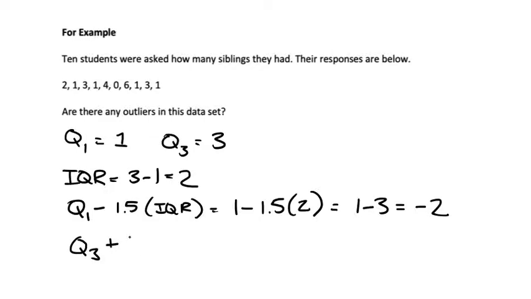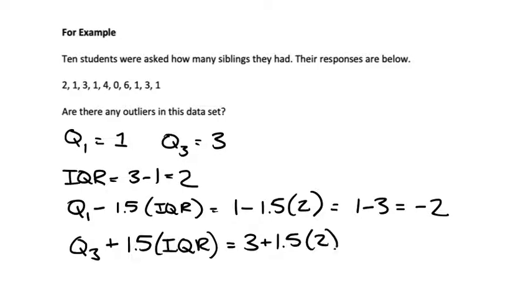So Q3 plus 1.5 times IQR. Notice the difference in the signs. Q3 is 3 plus 1.5 times 2. 1.5 times 2 is 3, so 3 plus 3, which is 6.